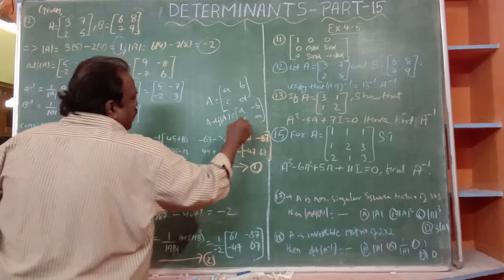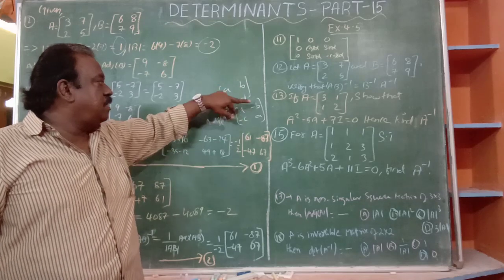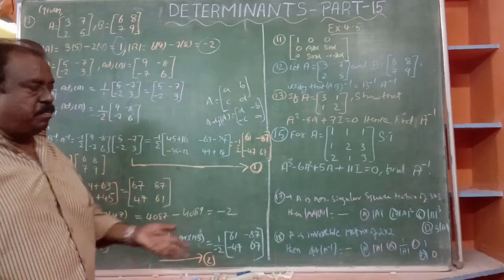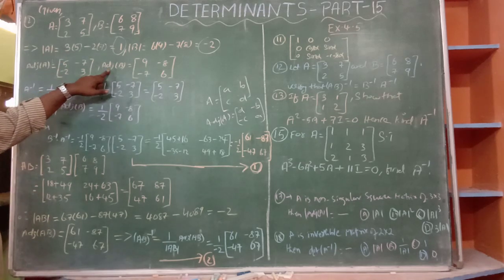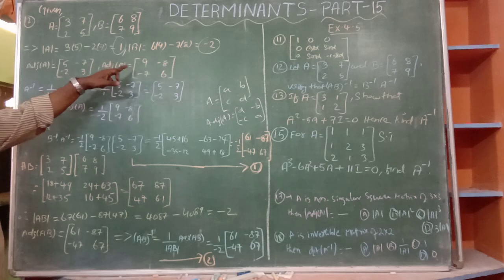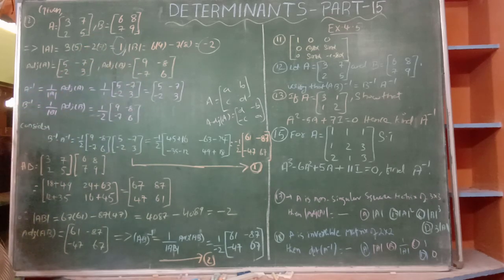In the first diagonal, the elements are interchanged. In the second diagonal, the elements become negative. Similarly for B also, adjoint of B is equal to [9, minus 8; minus 7, 6].